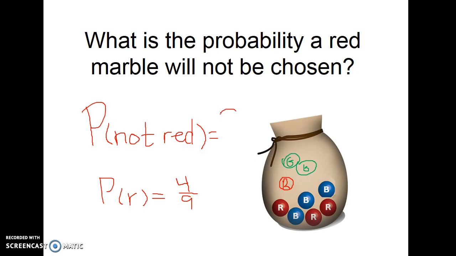So I'm going to take the probability of everything combined together and subtract away all the reds, so that the probability of not choosing red would be 5/9. And if you think about it, in the bag there are 5 things that are not red. So that's true. The probability of not choosing red would be 5 out of 9 because I could choose the green or the blue.